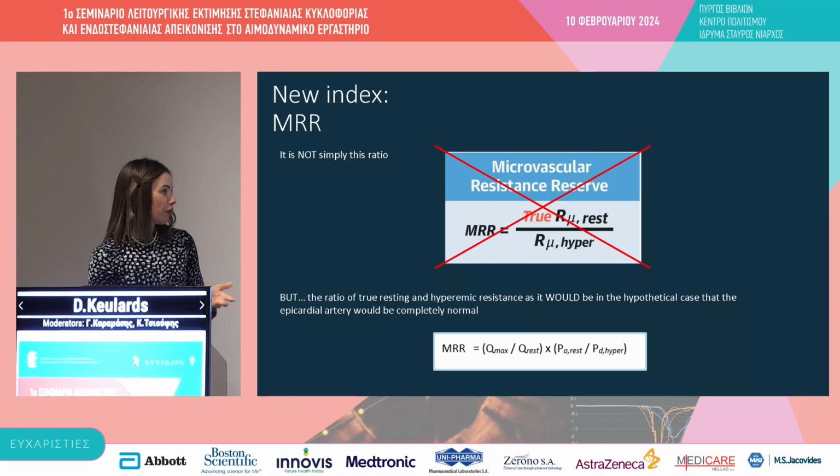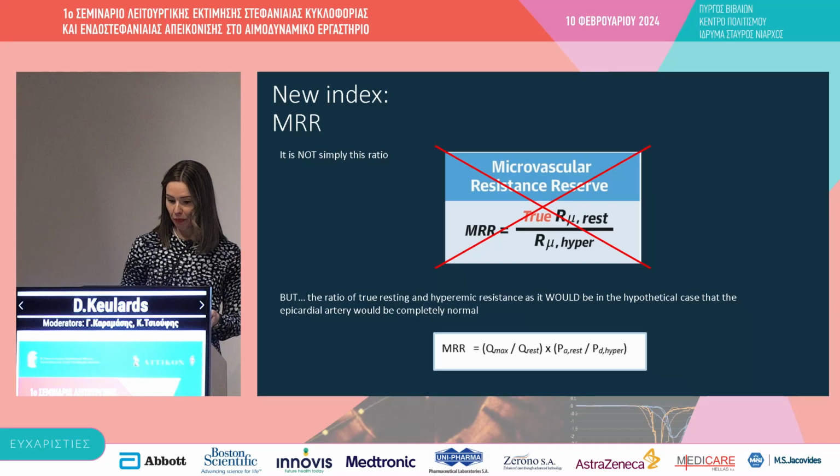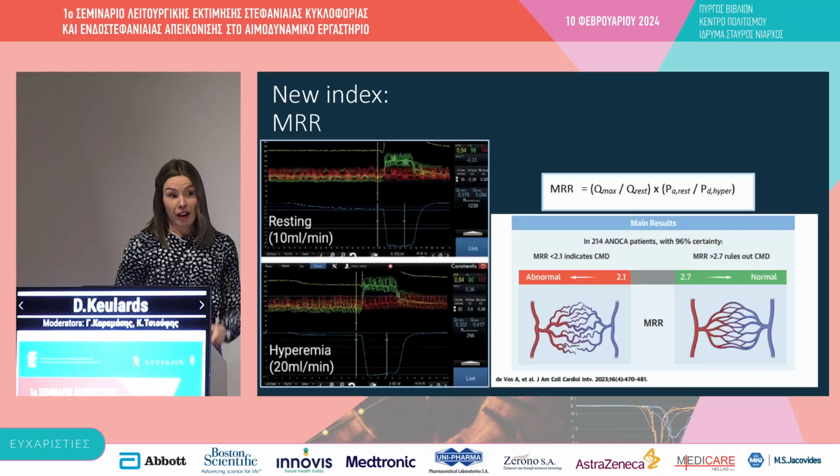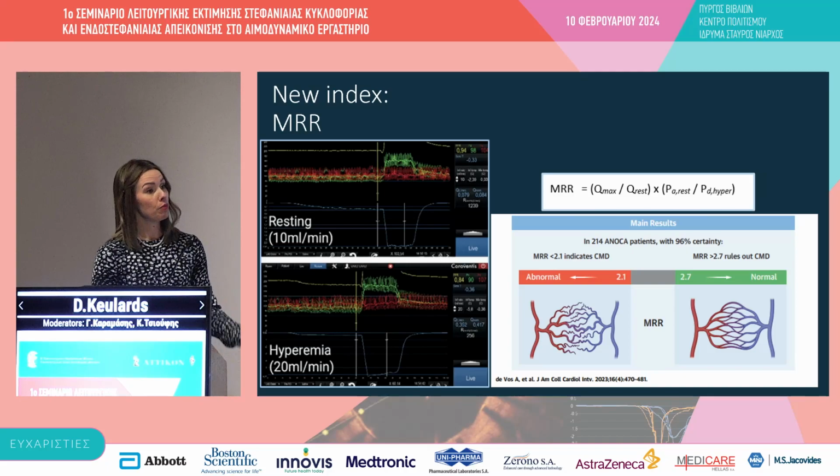It's the flow in hyperemia divided by the flow in rest, corrected for the FFR, so the driving pressures. And you can very nicely do that with continuous thermodilution. You can measure rest with the method I just showed you, but then you put the infusion pump at 10 milliliters per minute.